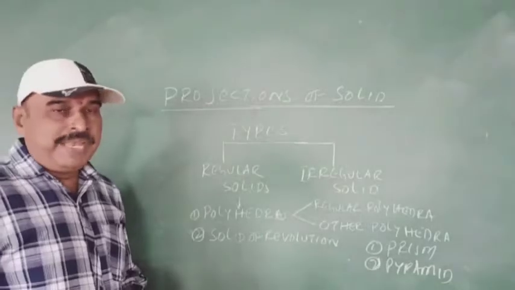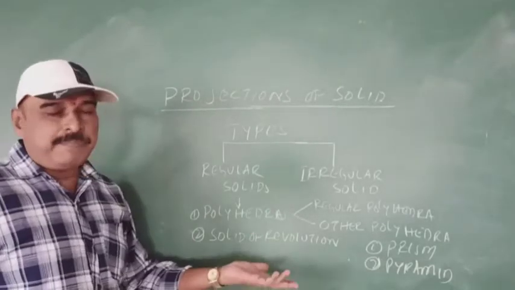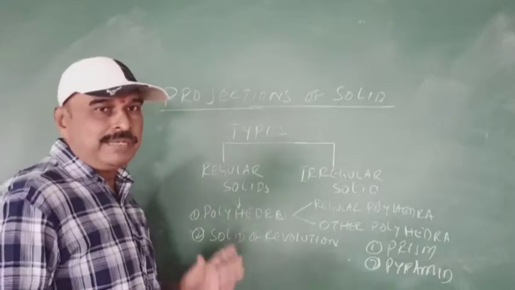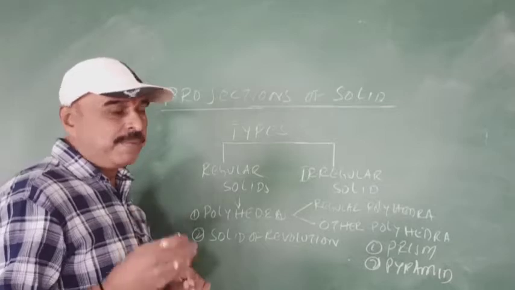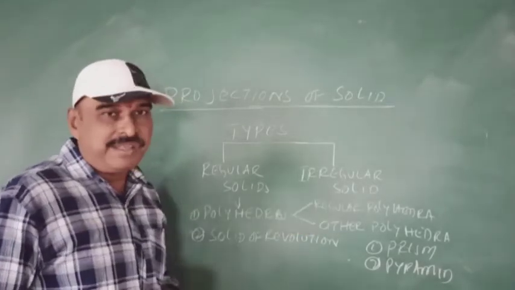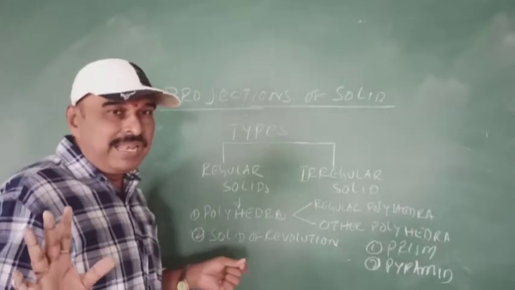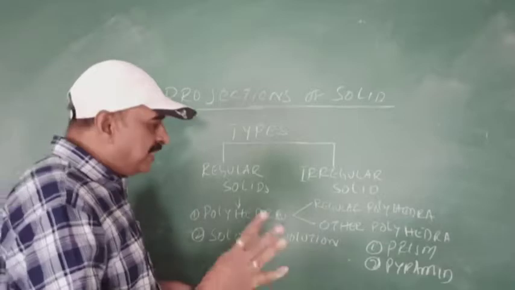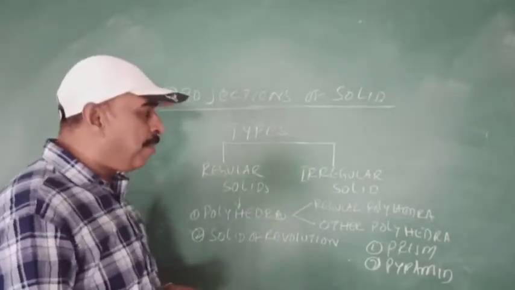Here the base may be in the shape of a polygon, and the lateral faces may be rectangles, or lateral faces may be isosceles triangles. But in regular polyhedras, the lateral sides are equal and the base sides are equal in size, and those are known as regular polyhedra.